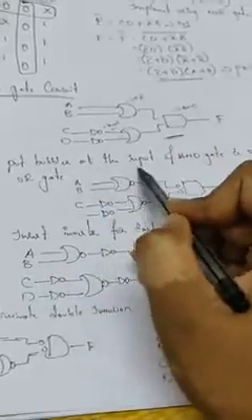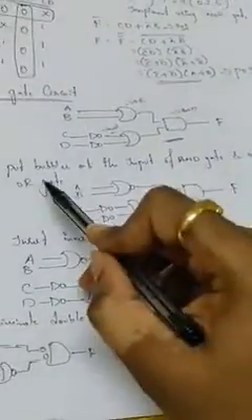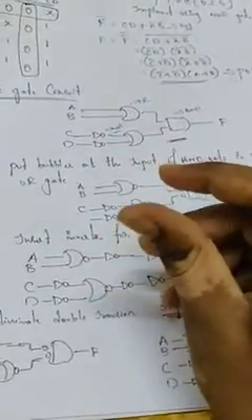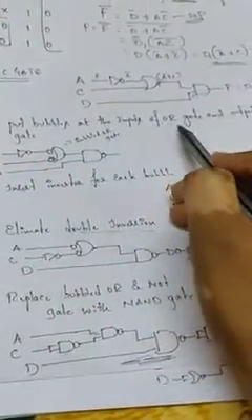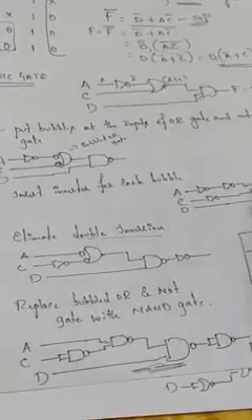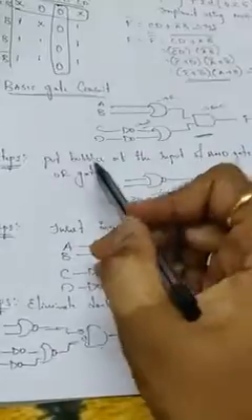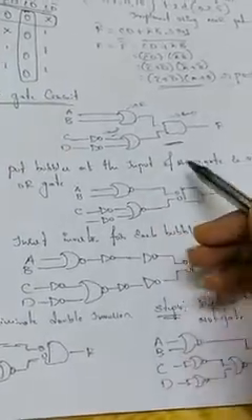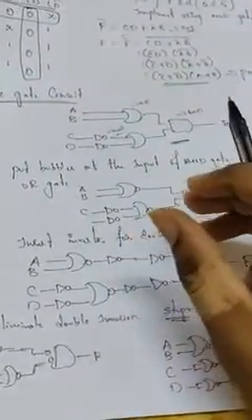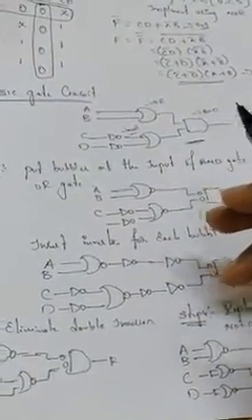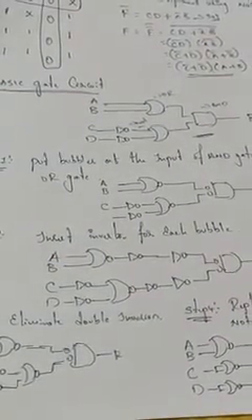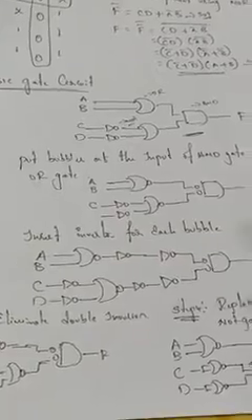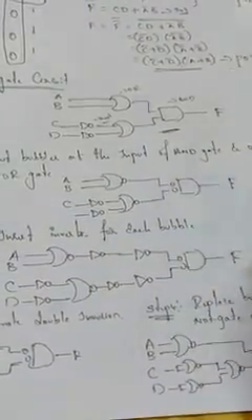Put the bubbles at the inputs of the AND gate and the output of the OR gate. Reverse, ulta. If it is NAND, put the bubbles at the inputs of the OR gate and output of the AND gate. If it is NOR, put the bubbles at the inputs of the AND gate and output of the OR gate.